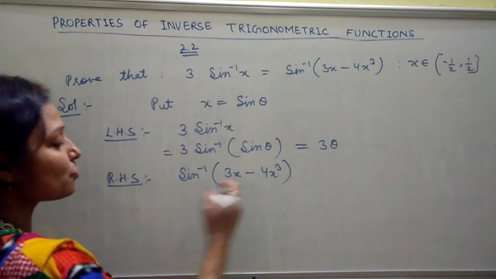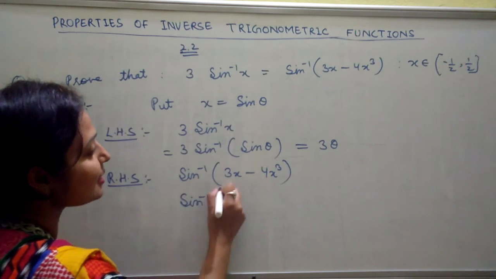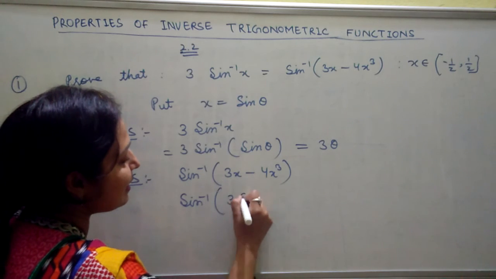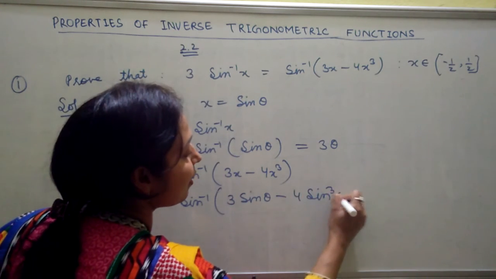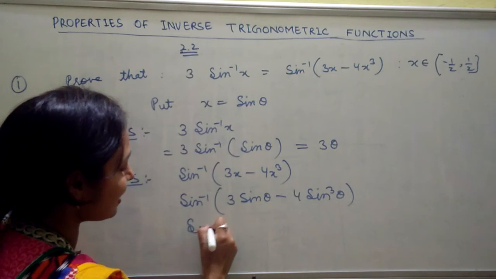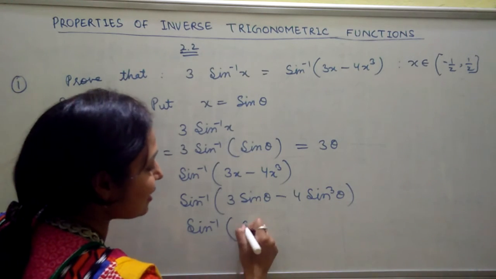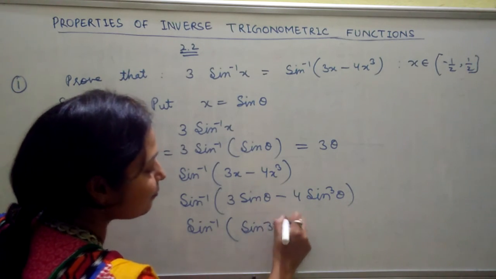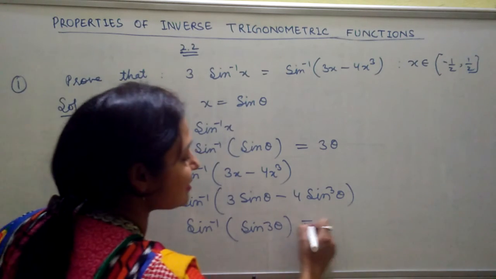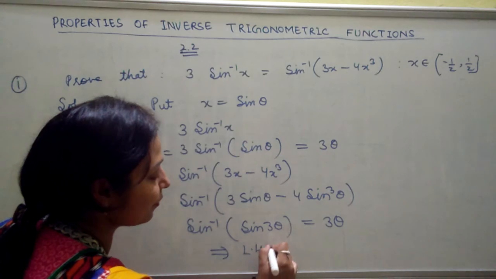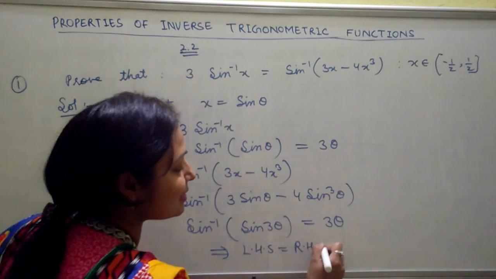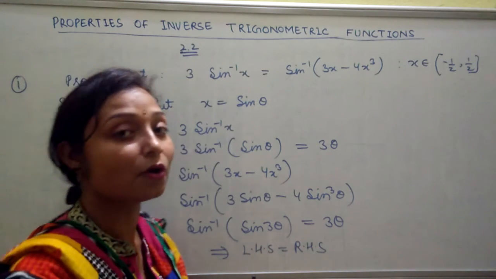I will again substitute the value: sine inverse of 3 sine theta minus 4 sine cube theta. That is equal to sine inverse sine 3 theta. Both sine and sine inverse will cancel. We get 3 theta. That means left hand side equals right hand side. So this is the way to solve the question of proof.